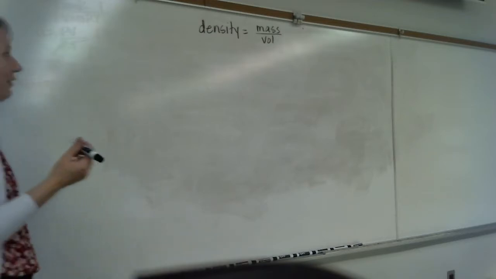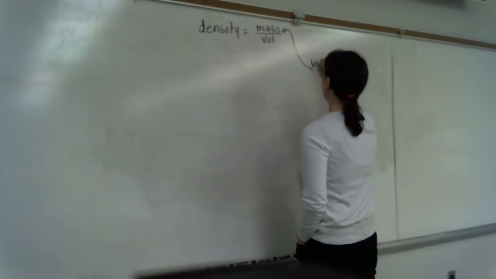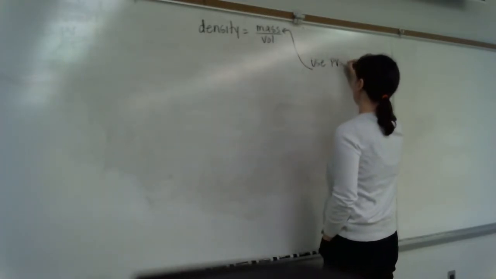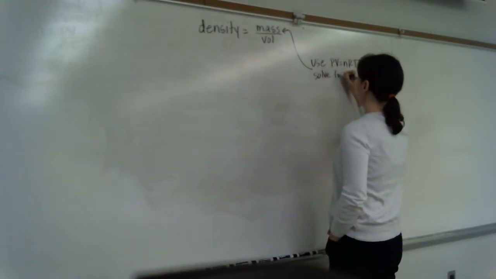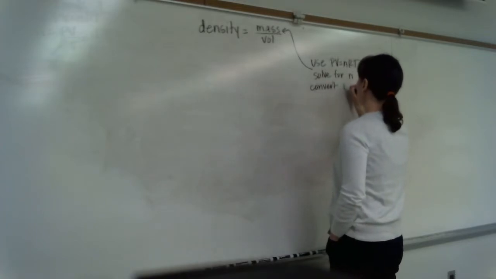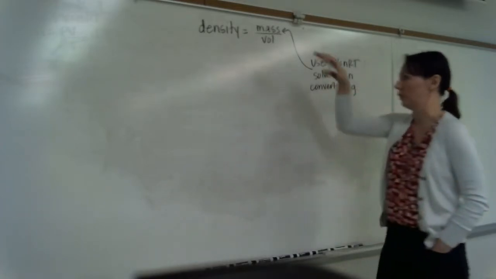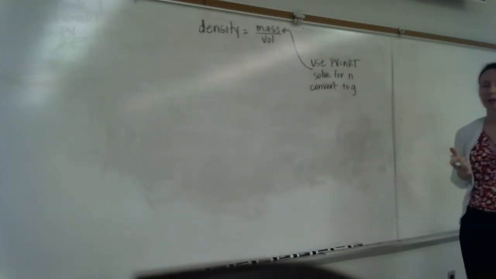Yes, it'd be really easy, right? So all you need to do here to get gas density is use PV equals nRT, solve for n, convert to grams, and then plug her in. Right? That's all you need to do when we're dealing with a gas.